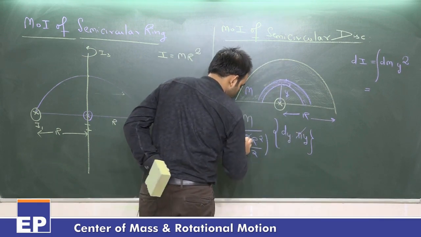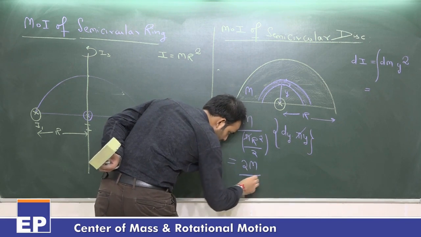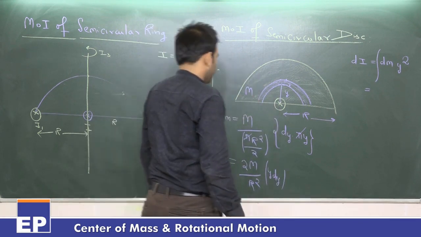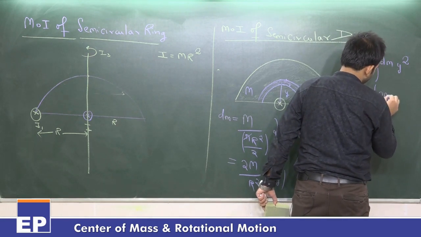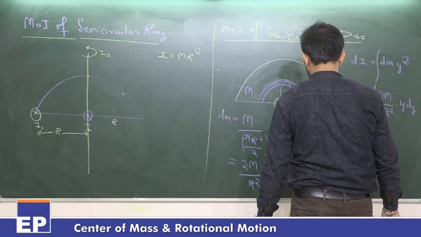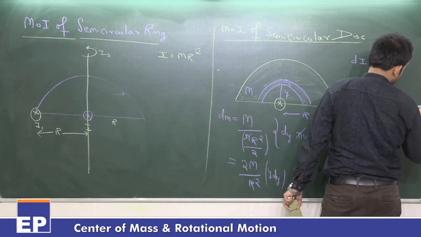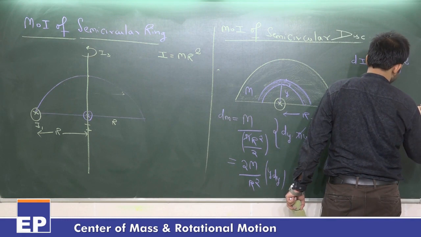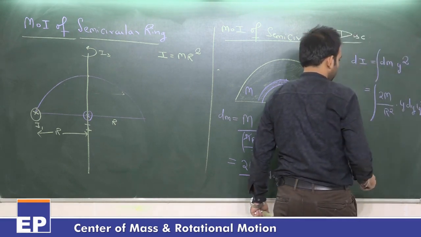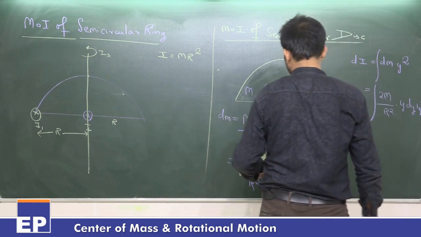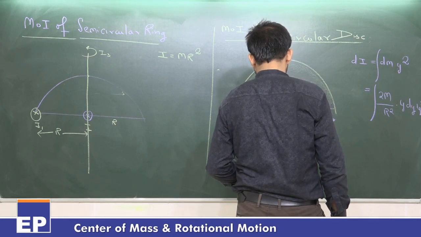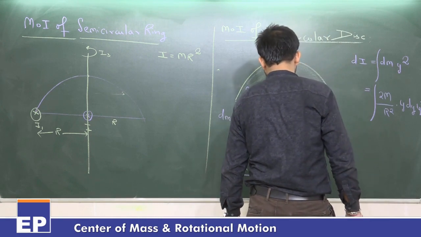That is 2 into pi, this cancels out. So dm is 2m by r square into y dy, into y square. That will come 2m by r square into y dy.